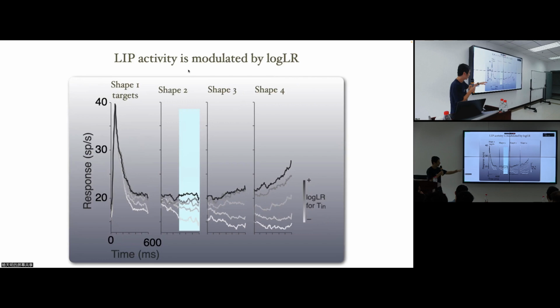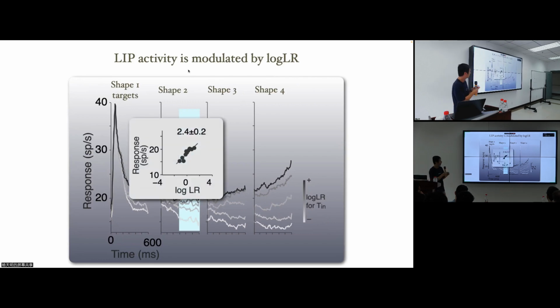So we're looking at the relatively stable response period of this neuron. And we can plot the response of this neuron against the log likelihood ratio contained in these shapes, and it gets a pretty nice linear relationship, meaning that the neuron's response really encodes the log likelihood ratio in this case.